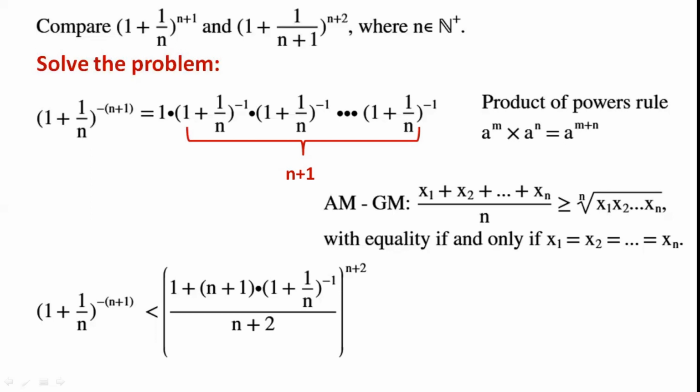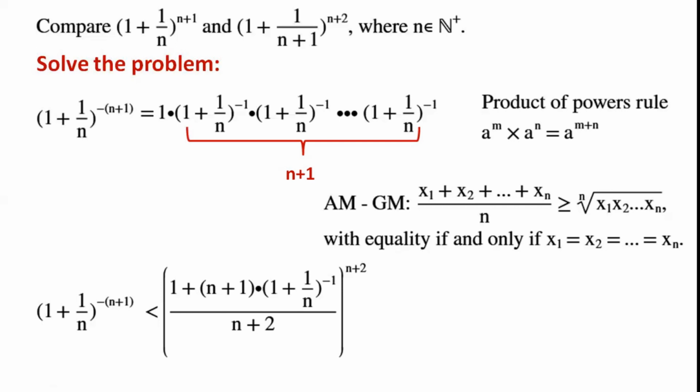So we can now write (1 + 1/n)^(-(n+1)) is less than ((1 + (n+1) times (1 + 1/n)^(-1)) over (n+2))^(n+2).